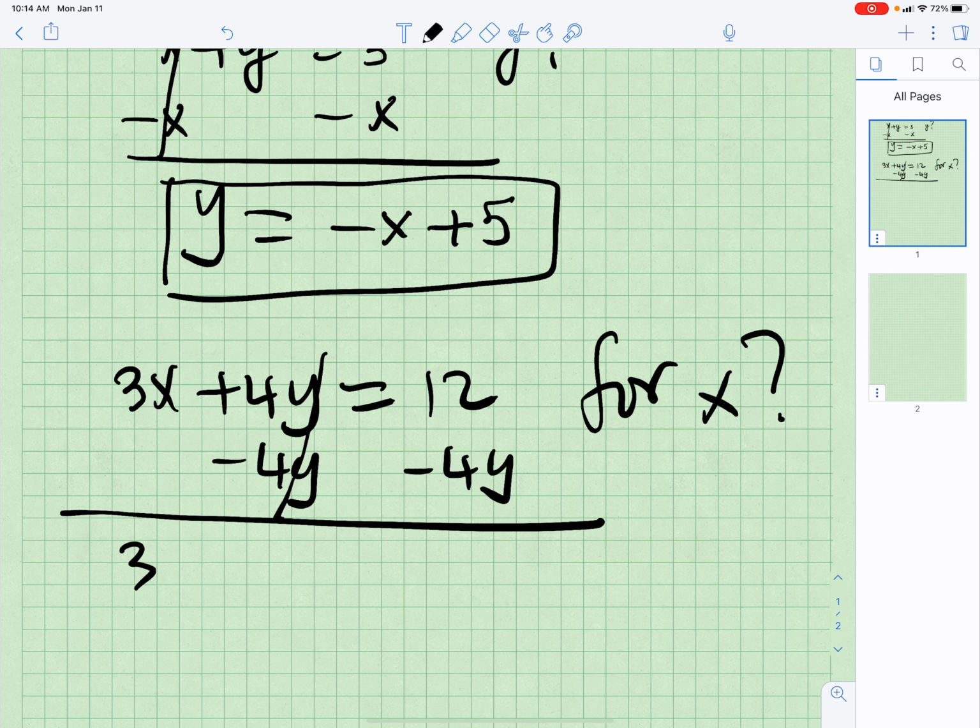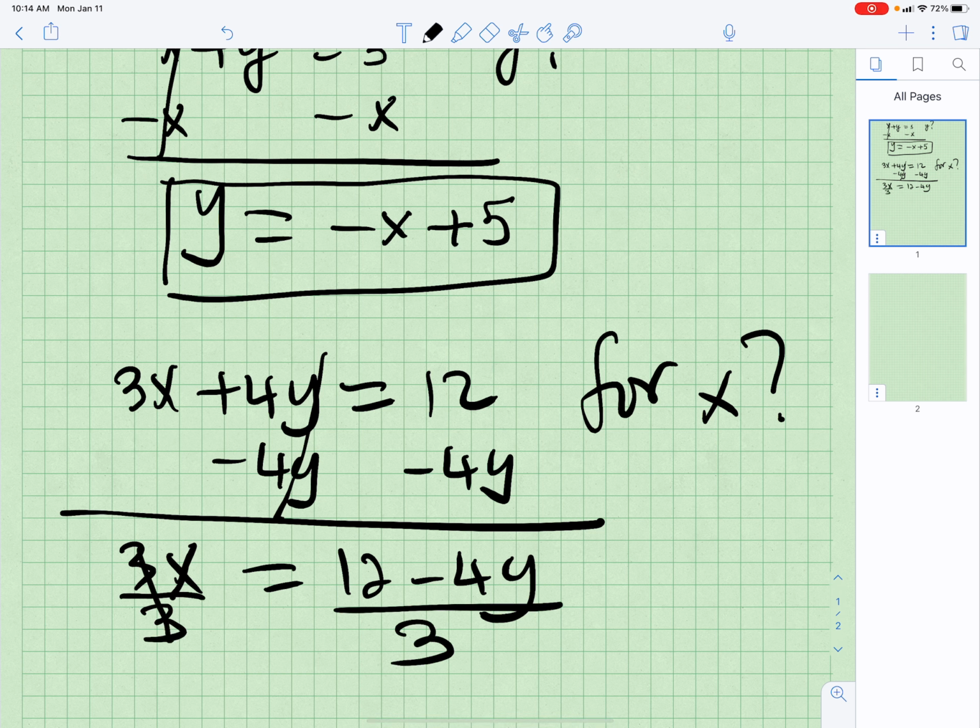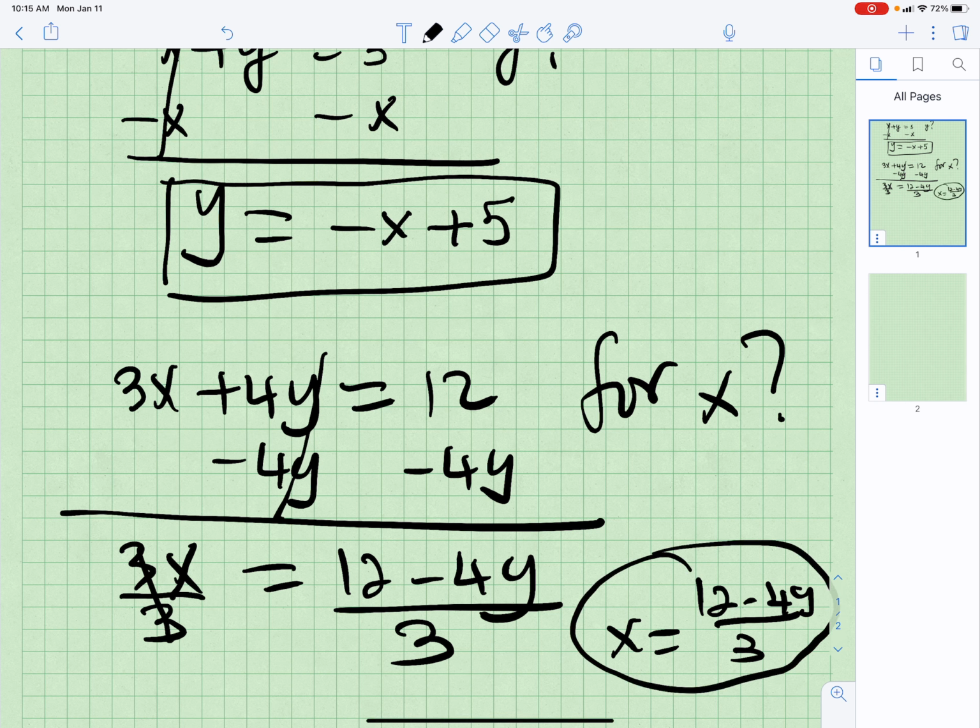And we have 3x equals 12 minus 4y, right? So you can see 3 is multiplied by x. So I have to remove the 3 by dividing both sides by 3. So I get x equals 12 minus 4y over 3, which is my answer. Okay.